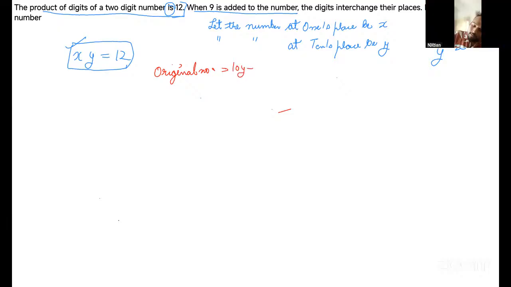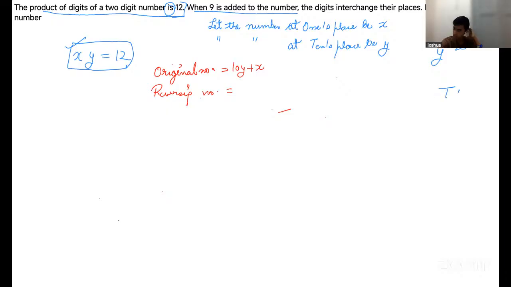And Joshua, what will be the interchanged or reversing number? What is the reversing number, beta?